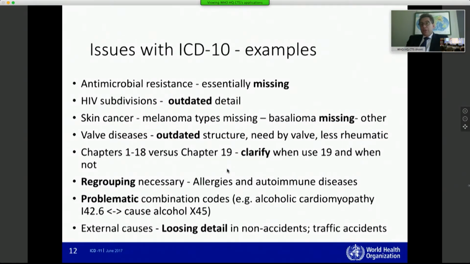Now, what were the issues with ICD-10? So besides the structural one, you see here a whole range like pain or antimicrobial resistance, HIV, skin cancer, plenty of problems that appeared in the ICD-10 that couldn't be dealt with in the classification.